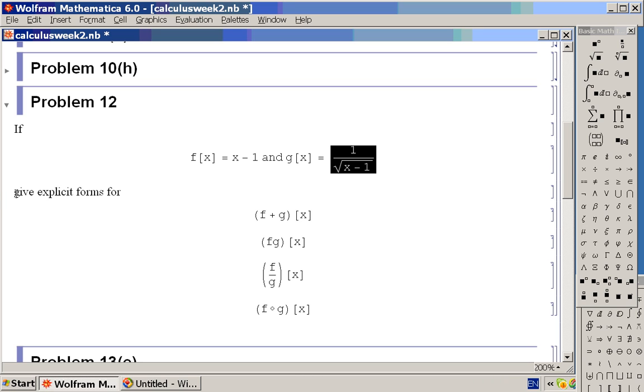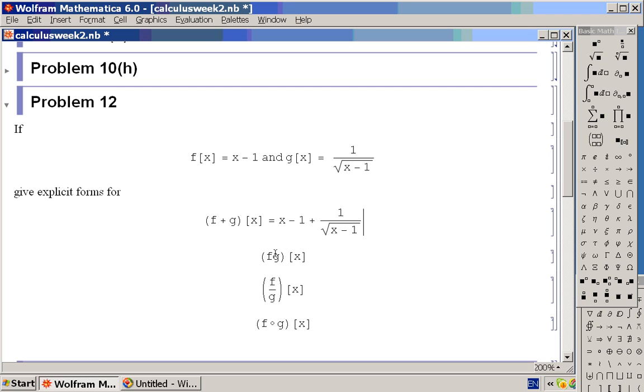We're asked to give explicit forms for f plus g of x, and that's just equal to the sum of those two functions. So that's the first part.